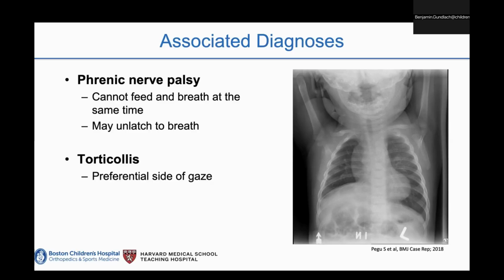Additionally, torticollis can have a high prevalence of co-occurrence with brachial plexus birth injury. And this can either be a true torticollis, in which the patient cannot actively and the clinician cannot passively bring the neck to midline into the contralateral side. However, even in patients that don't have true contracture torticollis, either due to the injury, discomfort from the injury, and other factors, these patients can have a preference of sidedness for gaze.